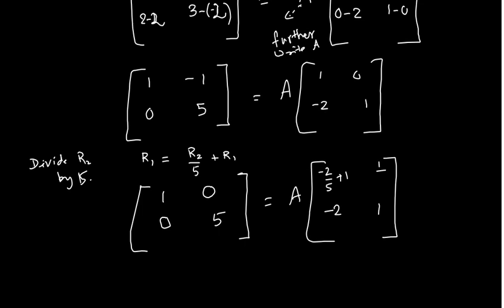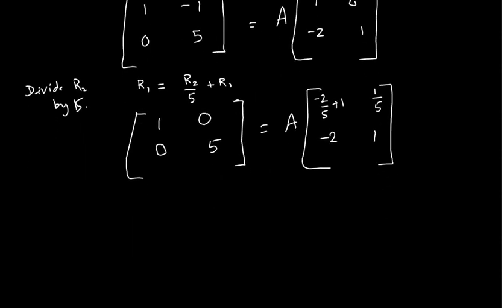Now let's simplify this side. A, 5 minus 2, that means you'll get 3 by 5, and this is 1 by 5, this is minus 2, and this is 1, and this side is 1 0 0 5.